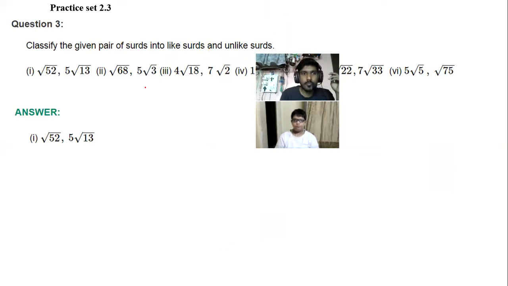Can you try the second one? Square root 68 and 5 root 3. Show the prime factor method also.